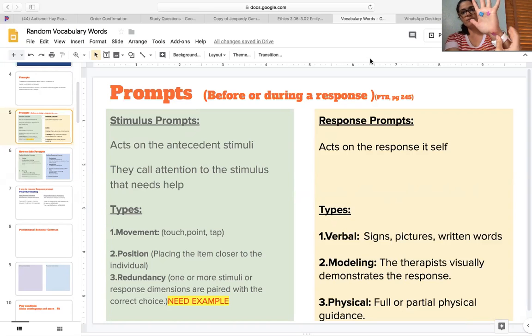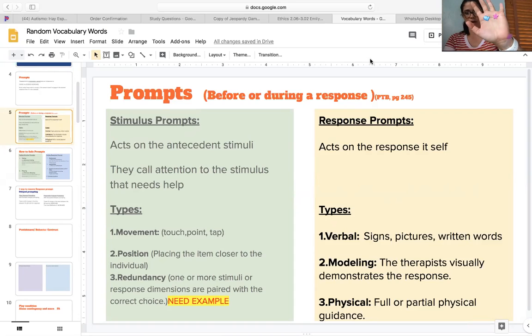Did I move the stimulus? No, I didn't touch it, I didn't move it, I did nothing to it. So I know it's easy that it is a response prompt, okay? So which of the three types of a response prompt is it? Is it verbal, modeling, or full physical? It's physical. I moved his hand. Could be full physical or partial physical. Okay?